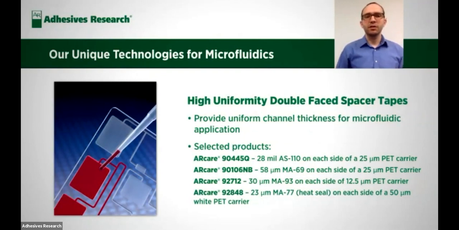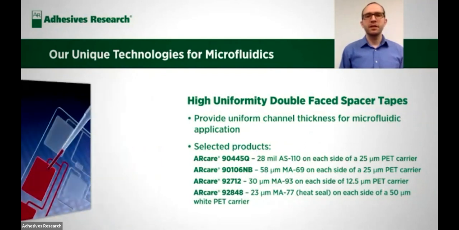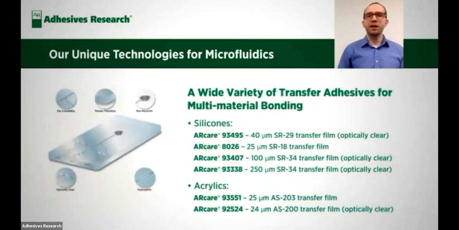So these include various different acrylic adhesives, heat sealable adhesives, as well as different thicknesses of carrier that can be used to define your channel height as needed for a particular device. In addition, we offer numerous transfer films at various thicknesses.